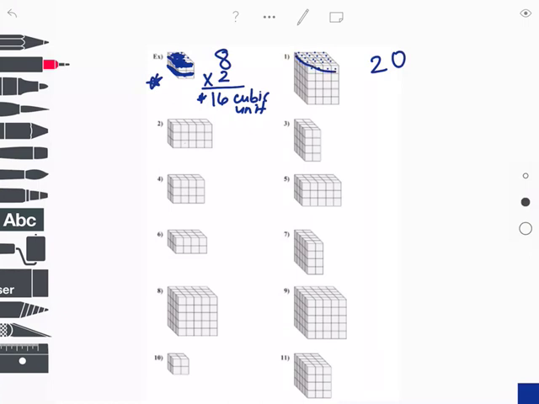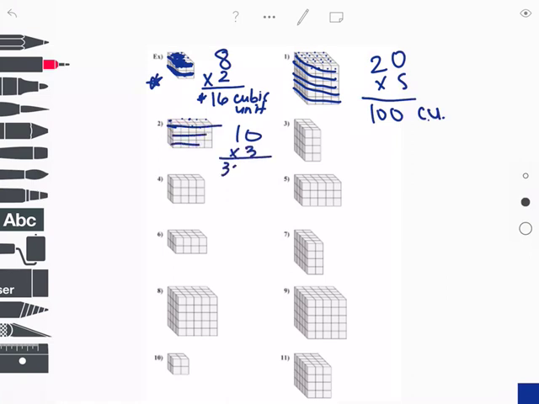And we have 1, 2, 3, 4, 5 rows in total. So if we multiply them, we'll get 100 cubic units. Okay, same thing for this one. On the top row, we have 1, 2, 3, 4, 5, 6, 7, 8, 9, 10. And we have 1, 2, 3 rows. So this would be 30 cubic units.